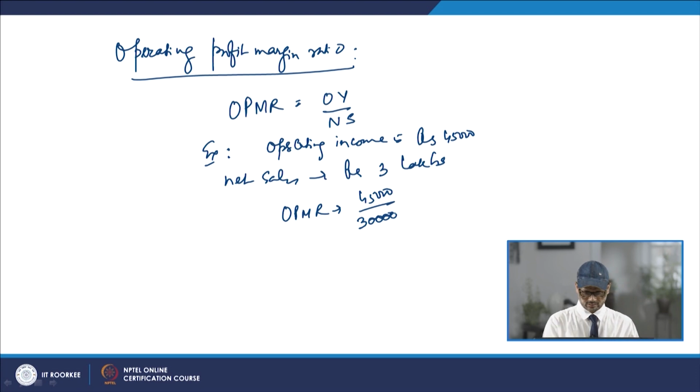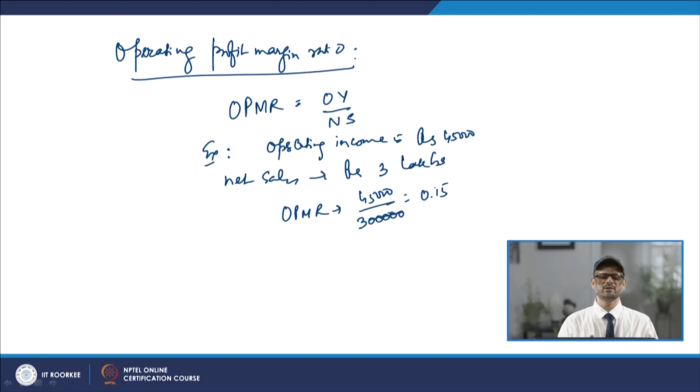So it will be 45 by 300, and it will be calculated as 0.15. It means how much of the net sales will be going to the operating income. That is what it represents.